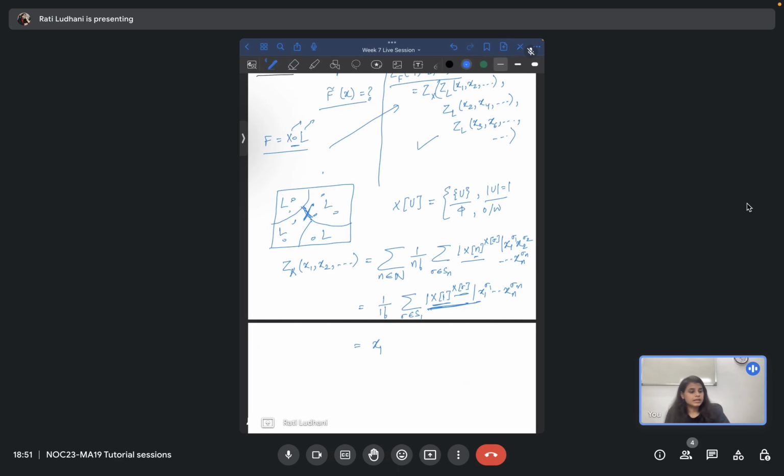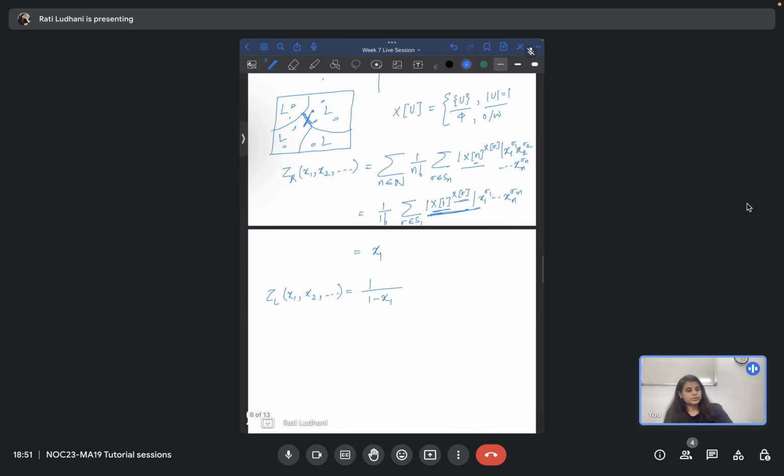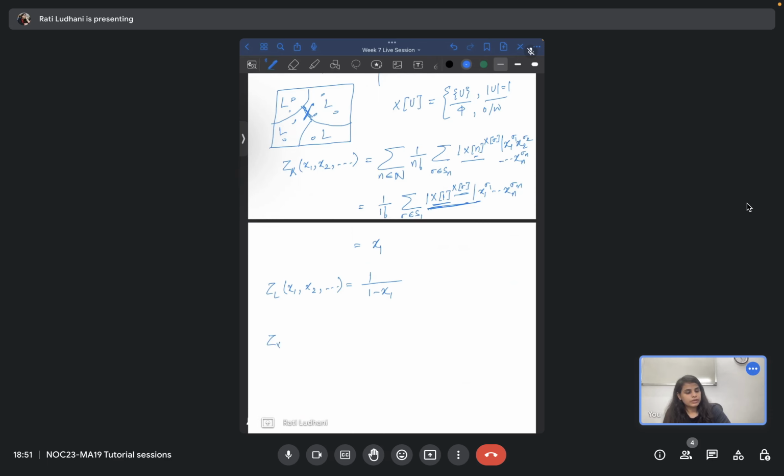Now let's calculate the other thing, this L. We don't need to calculate, we just use the result from the class. That is 1 by 1 minus x1, right, for the linear order. You can see the proof if you want. So you'll get f of x1, x2 and so on.